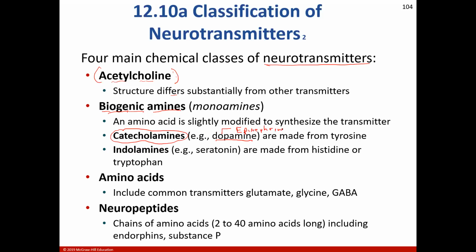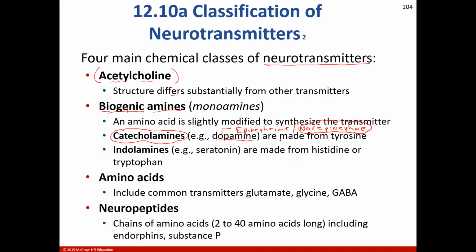And for a neurotransmitter, I like to use norepinephrine more. It's just a slight chemical difference, because it's more common in the synapses, norepinephrine. So that's a catecholamine.